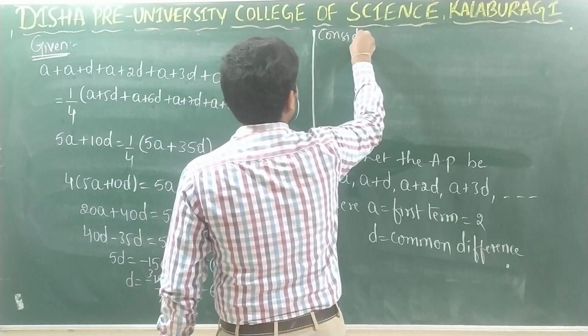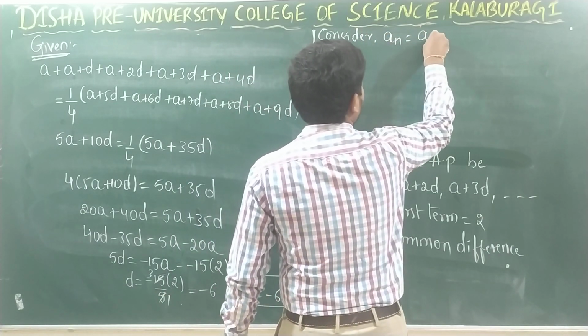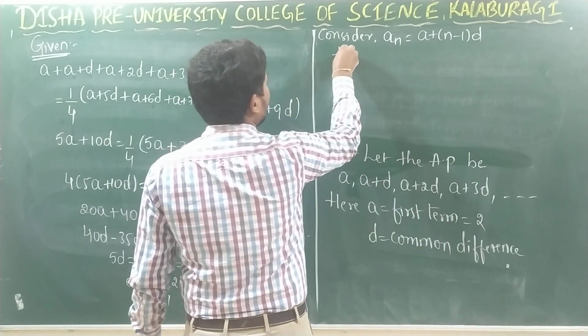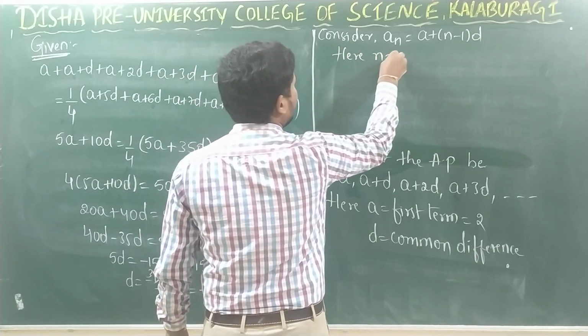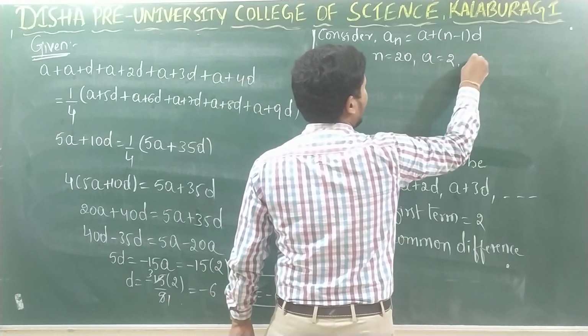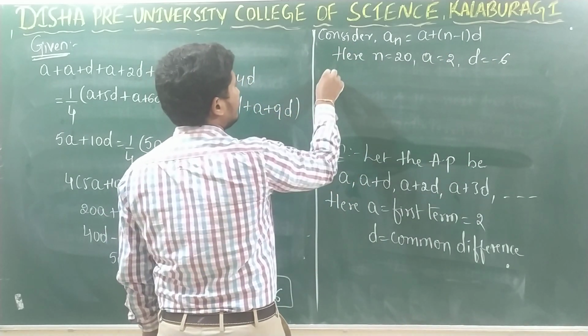Let us consider the nth term formula. An is equal to a plus n minus 1 into d. So here the value of n is 20, the value of a is 2, and the value of common difference is minus 6. Let us substitute them.